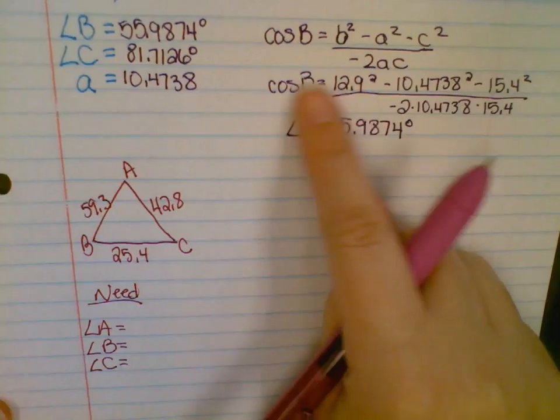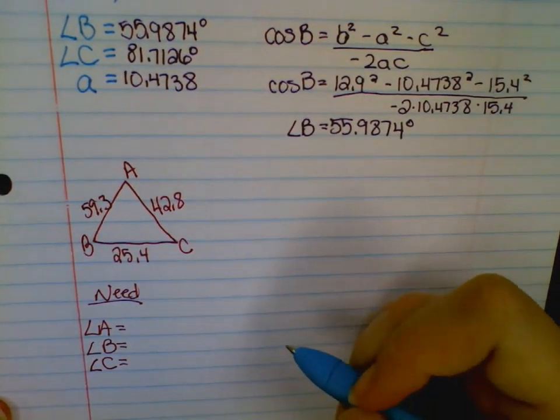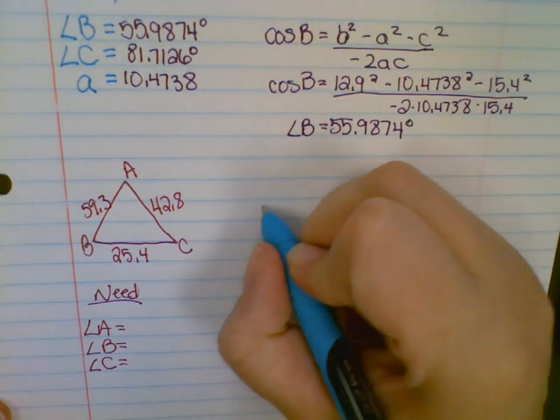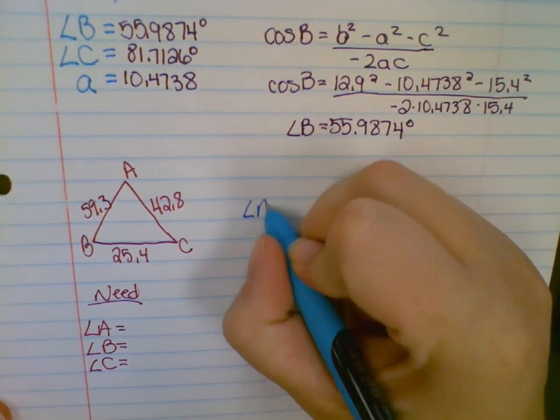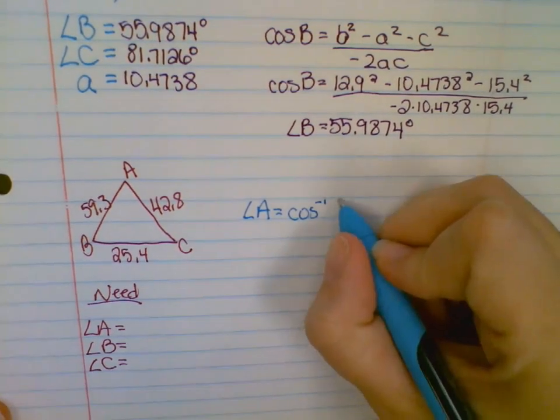I'm going to start with the formula where it's solved for an angle, starting with angle A. I like to go in alphabetical order. Angle A equals, this time I'm going to move the cosine over before I start, like we did on the front.